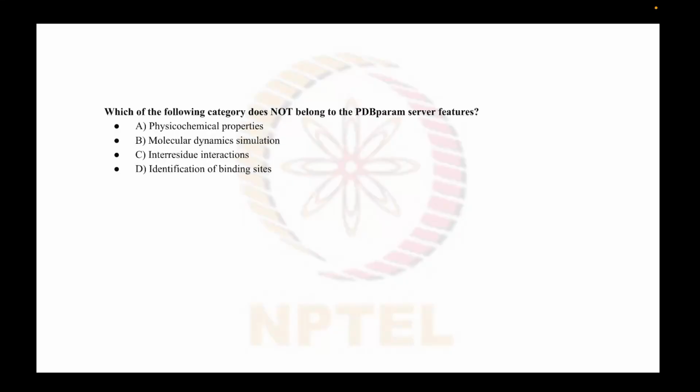So here I have a question. Which of the following categories does not belong to PDB param server functions: physiochemical properties, molecular dynamics simulations, interresidue interactions, or identification of binding sites?